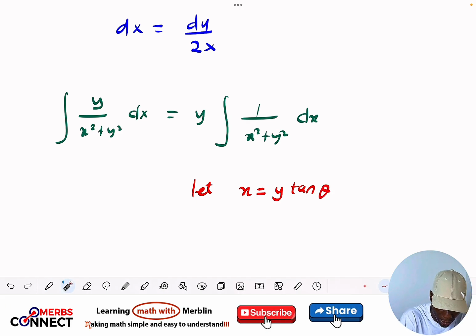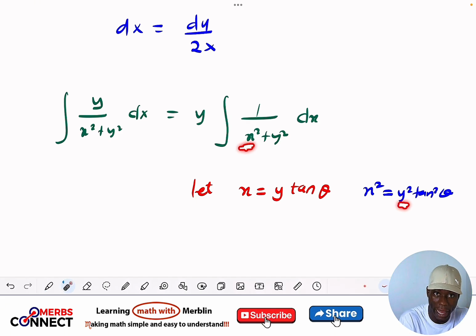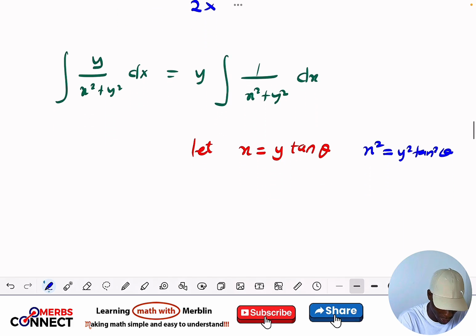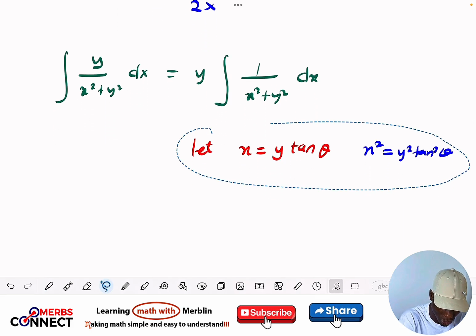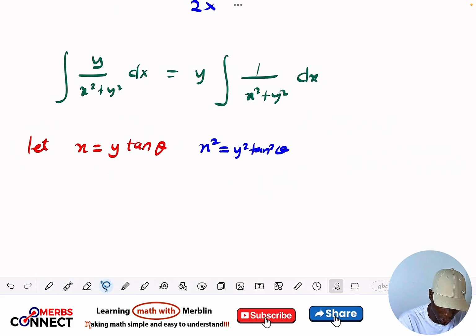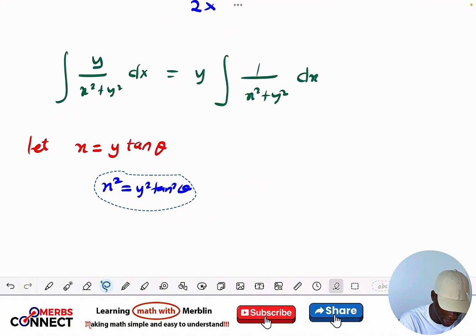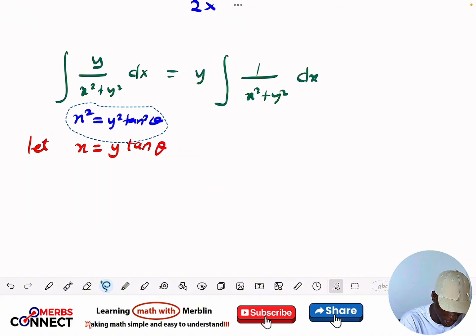I chose this because when I square both sides, I'm going to have x squared equal to y squared tan squared theta, right? So that when I put it here, I can factor the y squared out because y squared will be common on both terms. And then you will see what I was trying to do when we are doing substitution. So let me bring this one here. When I square it, this is what I'm going to get.